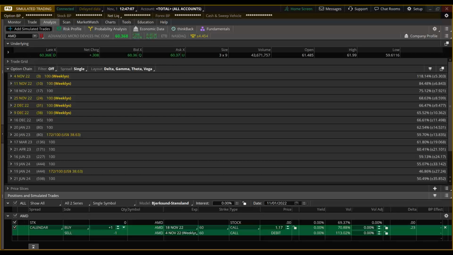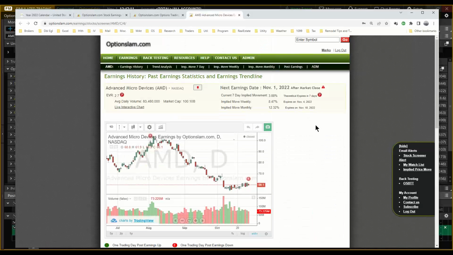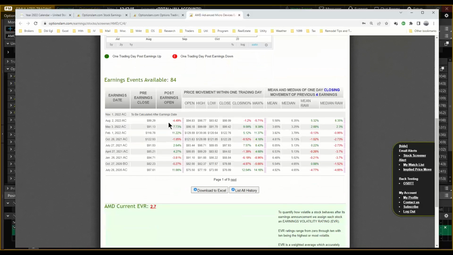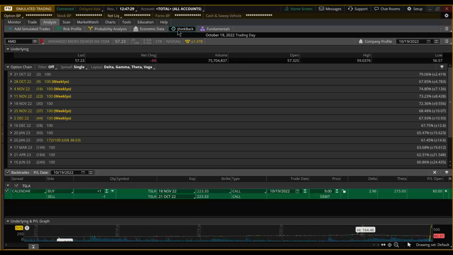Now, to model this, and we did some of this work in the last webinar, we need to go back and find out what is the IV crush that we might experience. So what we can do is go back to August 2nd, and we can go back in Think Back mode. Okay, this is Thinkorswim's back tester.